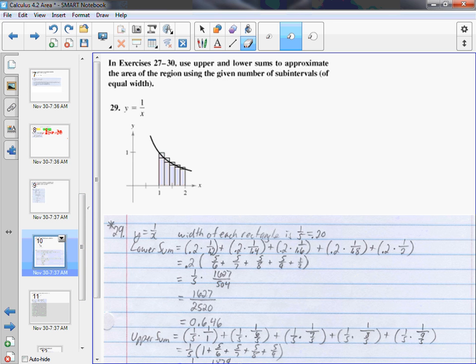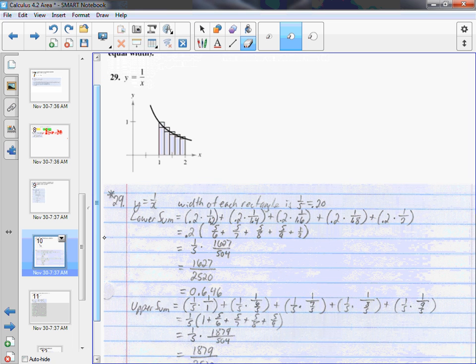Number 29. Use upper sums and lower sums to approximate the area of the region using the given number of subintervals of equal width. I'm going to have to get you started on these and then leave you hanging.